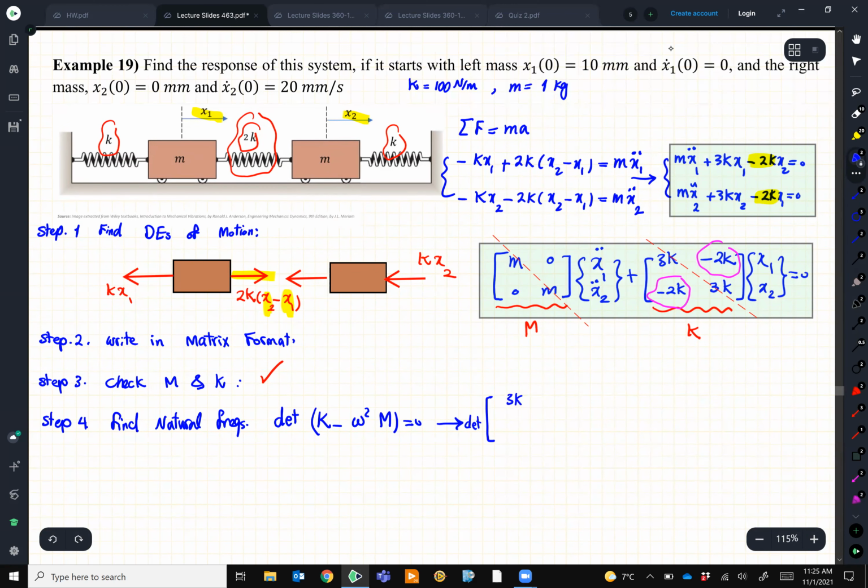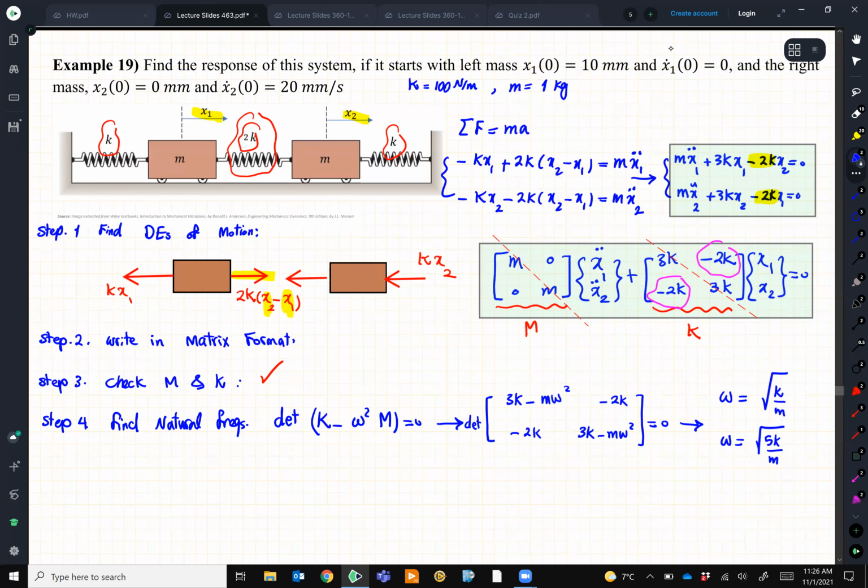Let's stop and make sure the calculation is correct. K minus omega squared M. Yes. So the determinant of that is equal to 0. I will find omega, one answer K over M, and another one 5K over M.